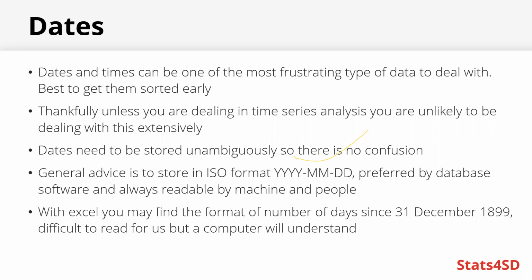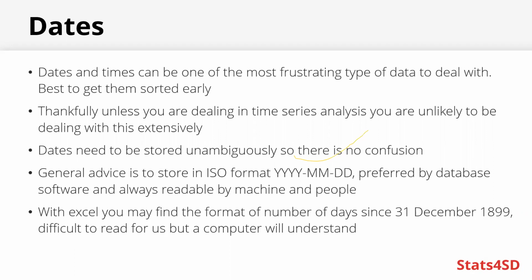Again, if it's a second or third, put 0. So for instance, today's date in that format would be 2022-01-27. This is the format generally preferred by database software, and it's pretty much always readable by machines regardless of the software, and also it's generally pretty clear for people to understand what it's saying.